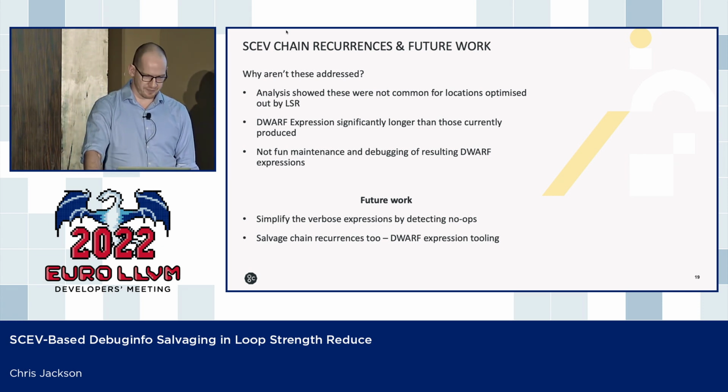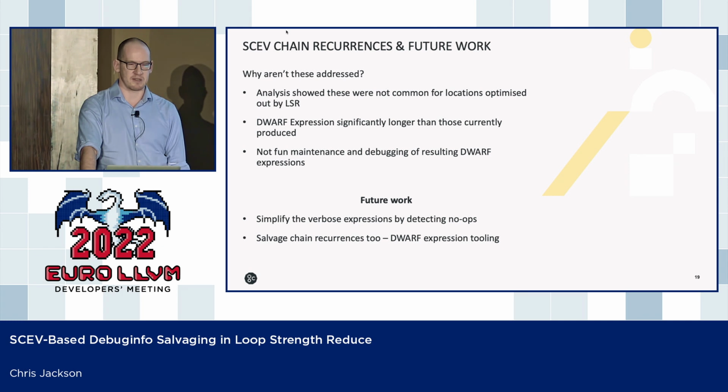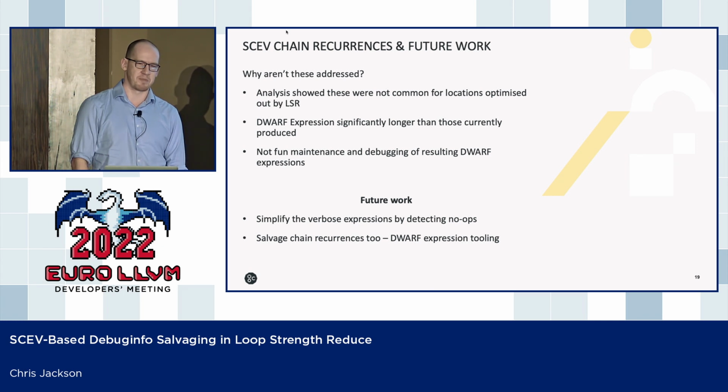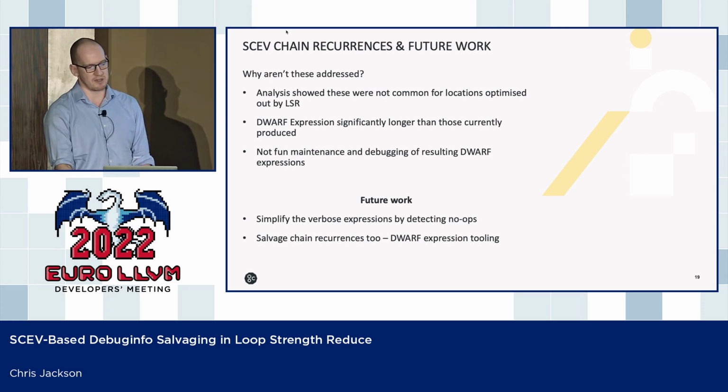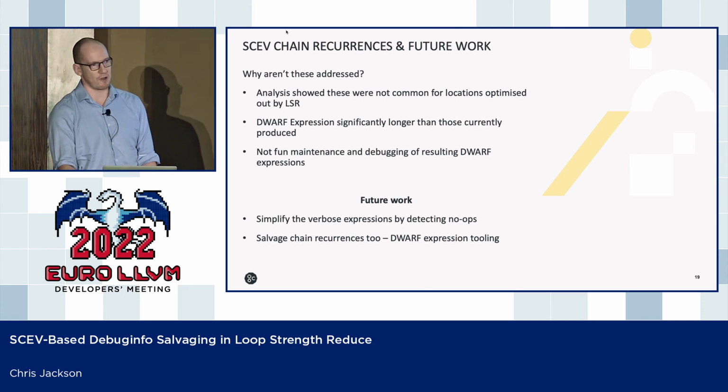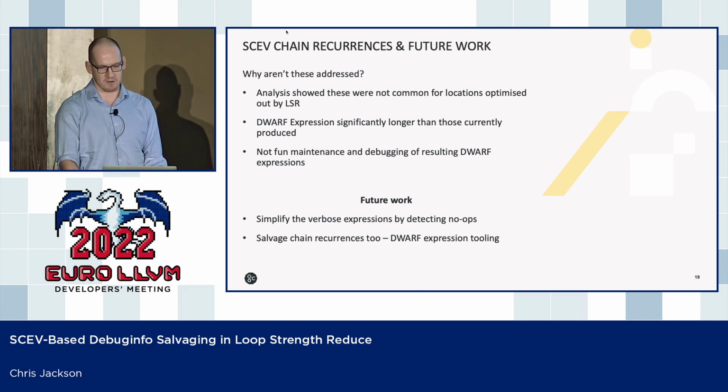And also, in order to work out the value of a chain expression, it's necessary to compute binomial coefficients. And there's some nice code for that inside Scalar Evolution inside LLVM. But to write and maintain that and start outputting the DWARF expression, I don't know. It would look unreadable and be quite difficult to maintain. It would be quite a lot of assembly.